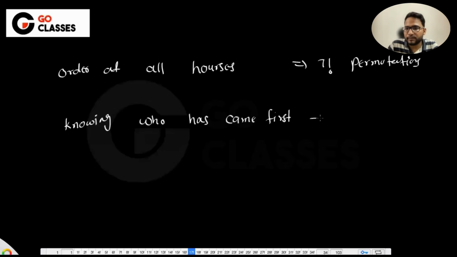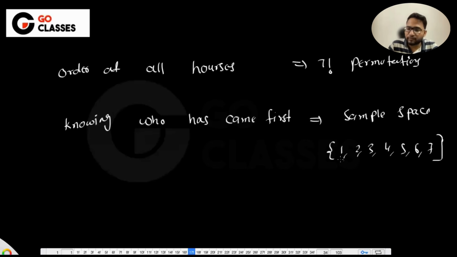Then the sample space will be just 1, 2, 3, 4, 5, 6, 7. Because maybe horse number 1 has come first, maybe horse number 2, maybe horse number 3, maybe horse number 4, maybe horse number 5, maybe horse number 6, maybe horse number 7.